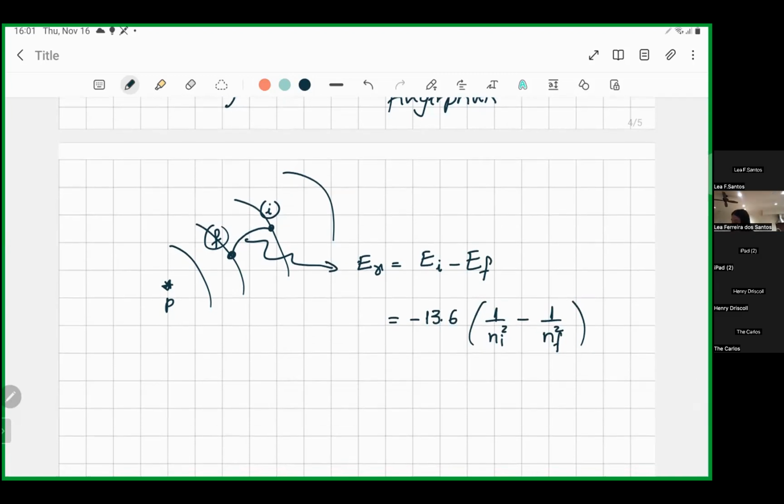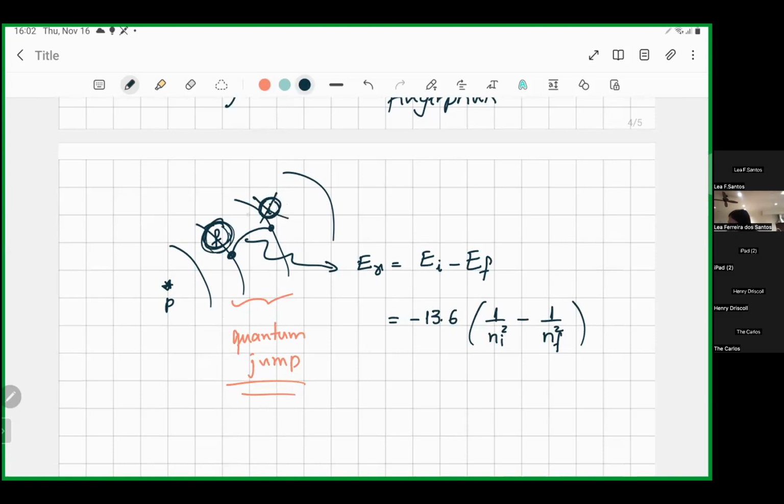Important thing here: as the electron moves from the initial state to the final state, what we call a transition, we say that this is a quantum jump, which is a strange thing of quantum mechanics again. The electron kind of disappears from here and appears there.